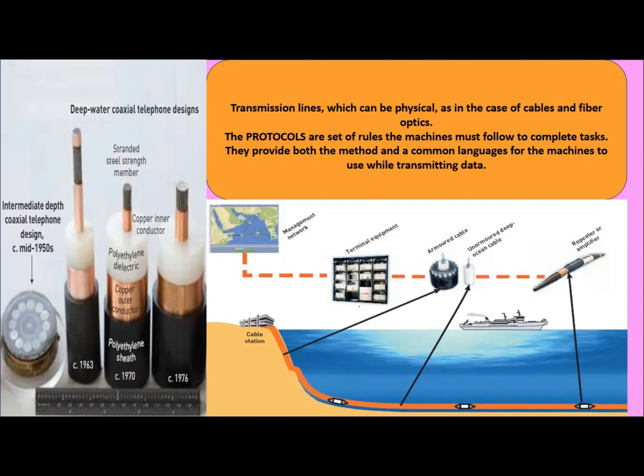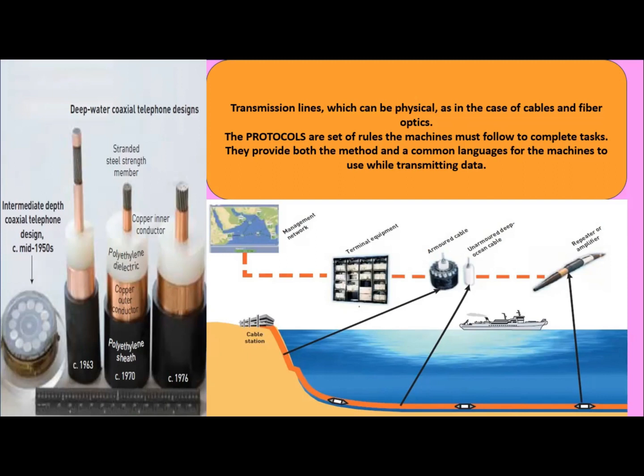Here on display are some examples of fiber optic cables. We have the deep water coaxial telephone designs that were first presented, the designs of 1963, 1970, 1976, and the much more sophisticated designs we have now. How are these cables coated?